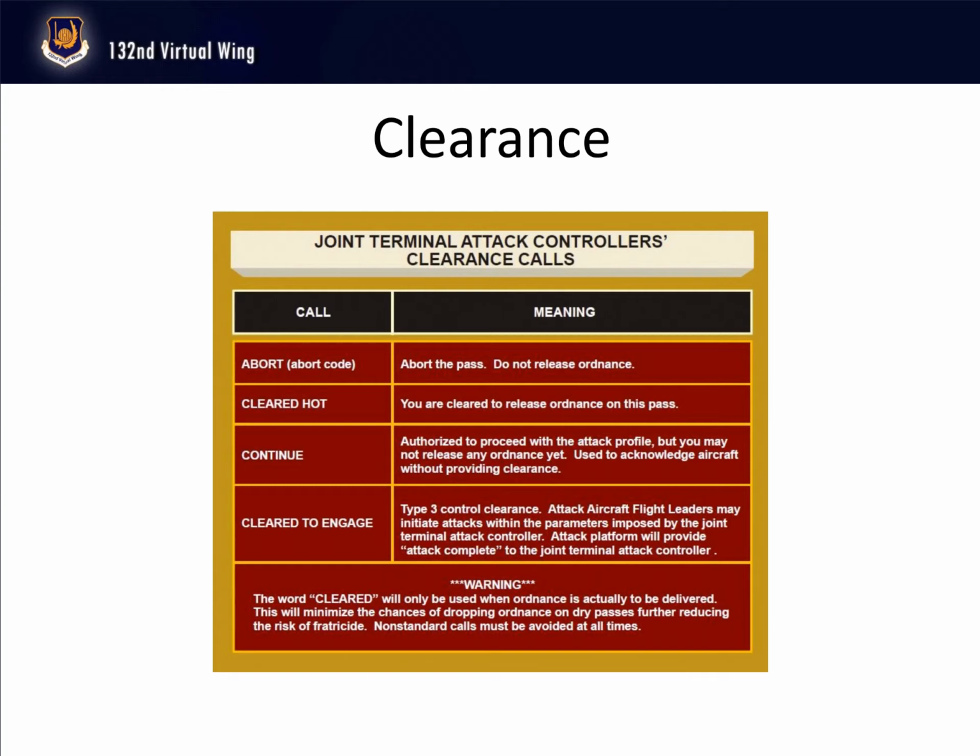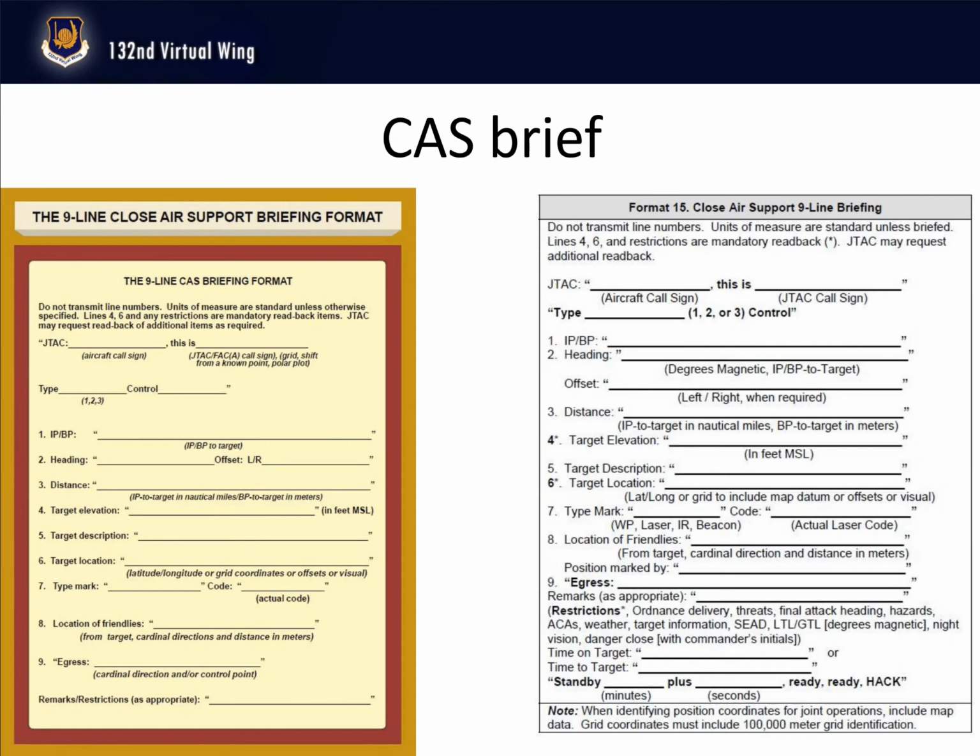So type 3, if we go back to slide 16, for the CAS brief. For example, if it's type 3, then I give you the line, I get the readback for the friendlies, for the location, and for the elevation.